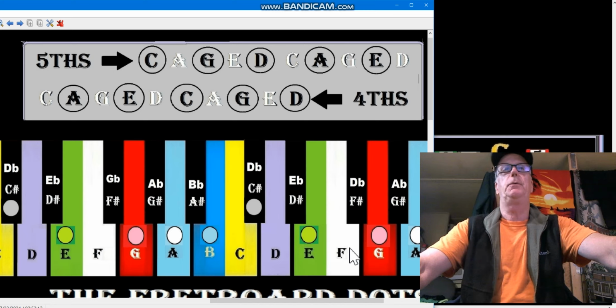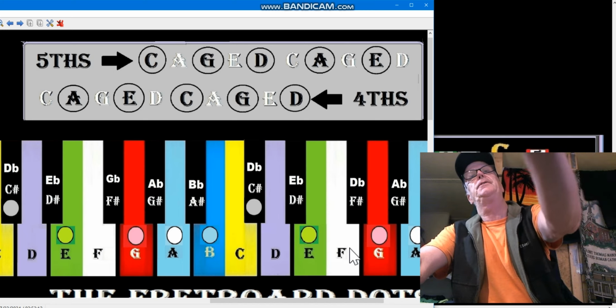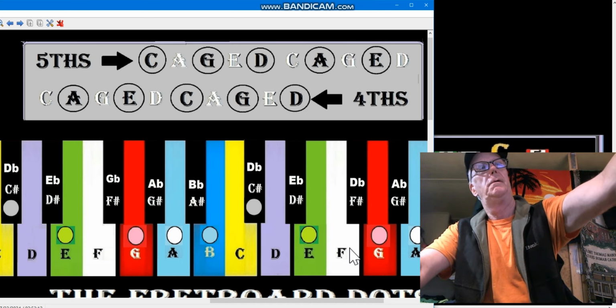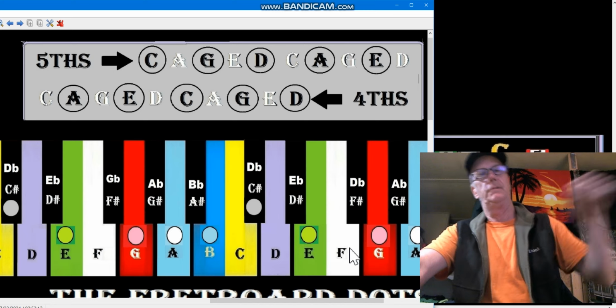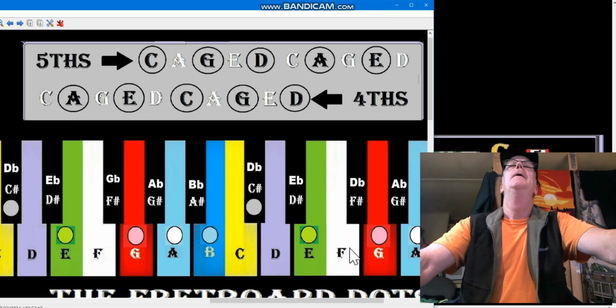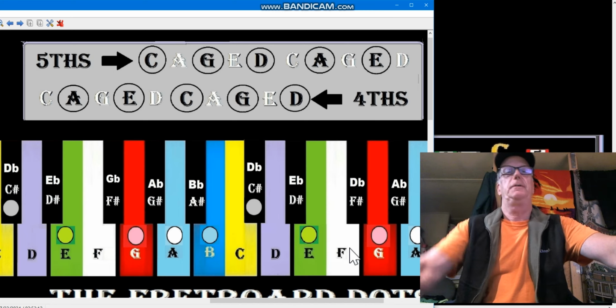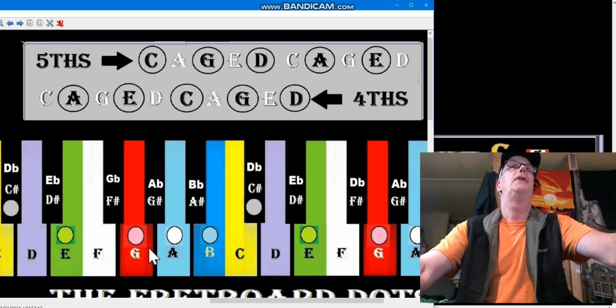There's groups of 3 accidentals and there's groups of 4. You play the black note song, like chopsticks on black notes. I couldn't tell them apart, so I made them colored because my eyes aren't that good. So I can find that G, I can find that C. I can find the F because now it's the only white note. I can find the E, and then I colored the A and the D.